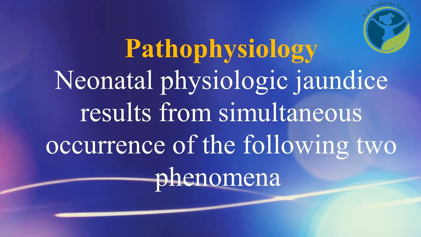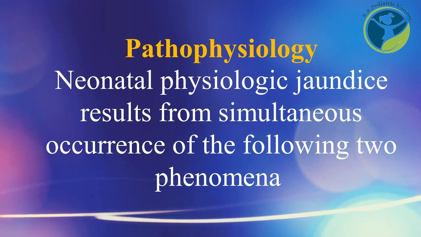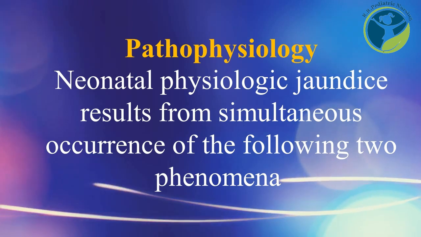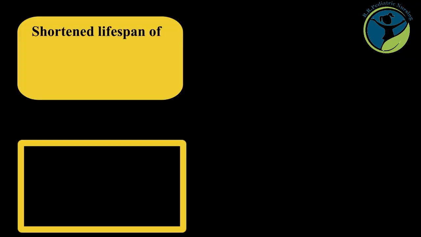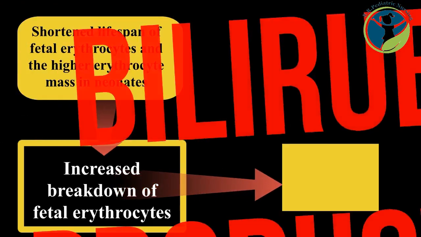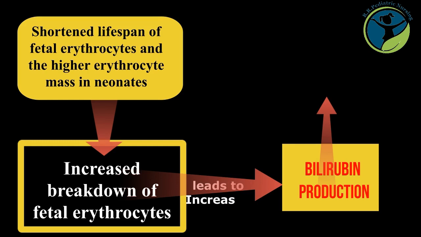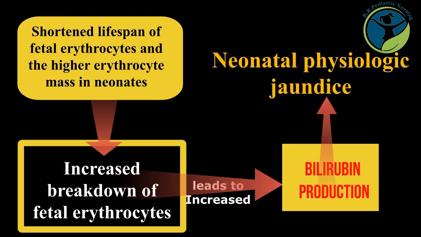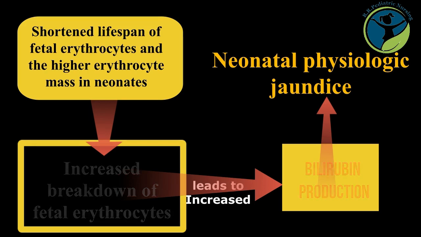Pathophysiology. Neonatal physiologic jaundice results from simultaneous occurrence of the following two phenomena: shortened lifespan of fetal erythrocytes and the higher erythrocyte mass in neonates. Leads to increased breakdown of fetal erythrocytes. This leads to increased bilirubin production.